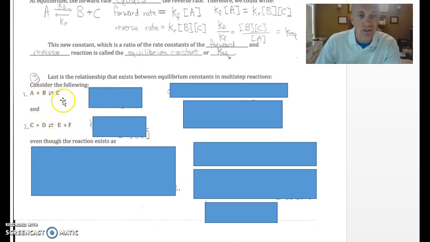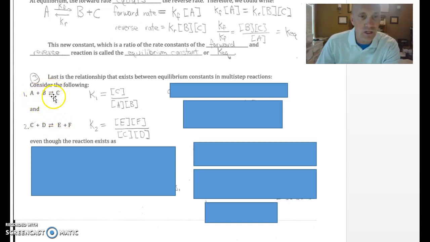We'll call this reaction number one. We would have this rate expression, and if we had this equilibrium reaction, we would have this rate expression. Even though this exists as two separate reactions, we could come up with an overall reaction by adding these two reactions together.